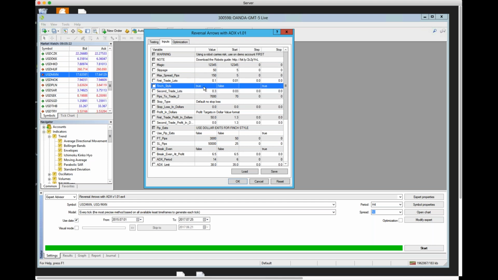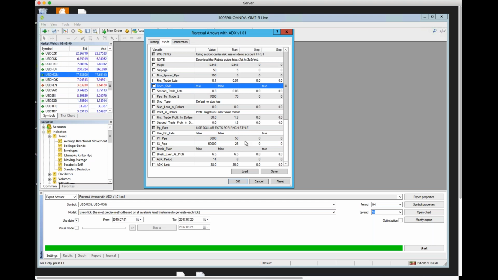Now we get into a setting that is unique to this robot and important to discuss right now, and it's the subject of our presentation today: are we going to trade this robot Finch style? You might ask yourself, what is Finch style? Well, Finch style refers to the fact that we can take one trade and hope that it's a win, but if it turns into a loss, we allow ourselves to take a second trade to turn it into a win.